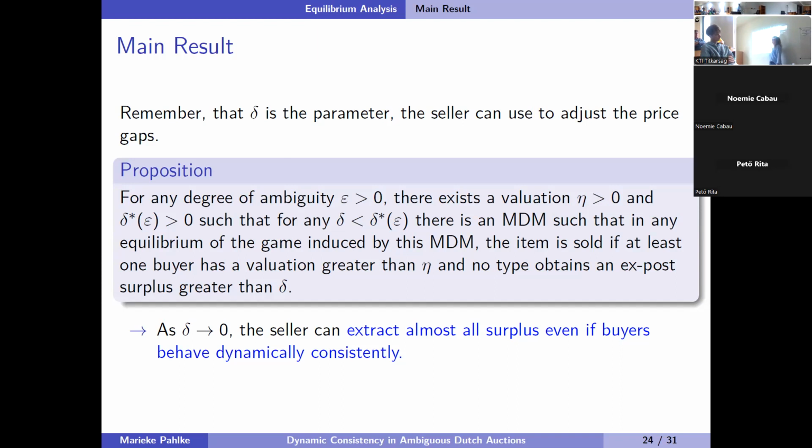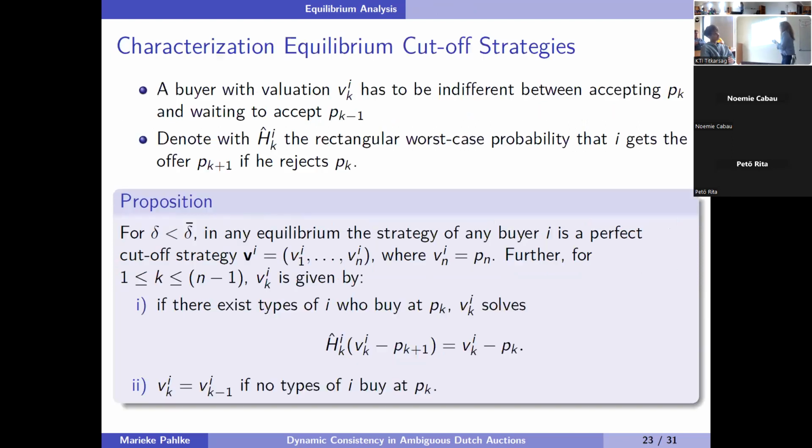So none of the types has an ex post surplus greater than that. And by making delta arbitrarily small, we extract almost all surplus for the seller. The basic intuition is, by decreasing the price gap, at some point the worst case kicks out the value that you get from waiting, and therefore you accept higher prices. And if you design the price gap in the right way, you can extract almost all surplus from the buyers.